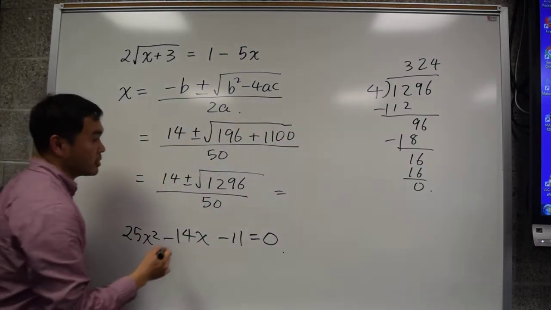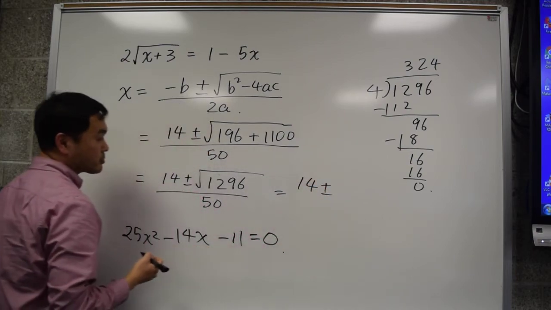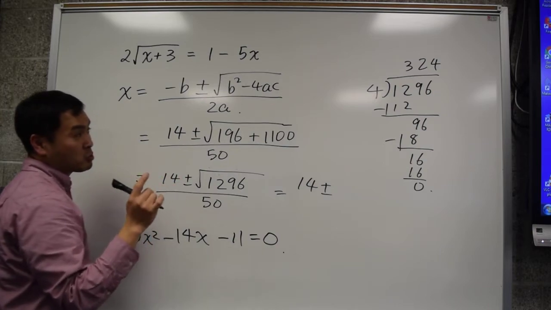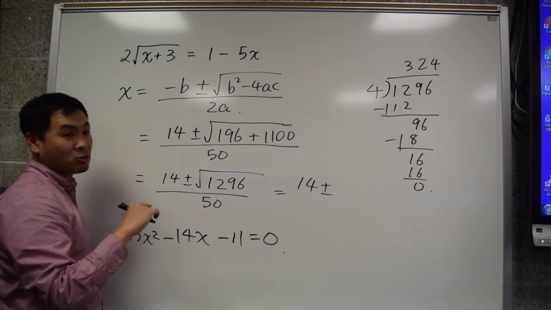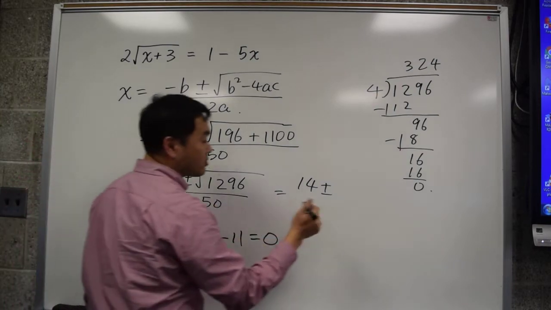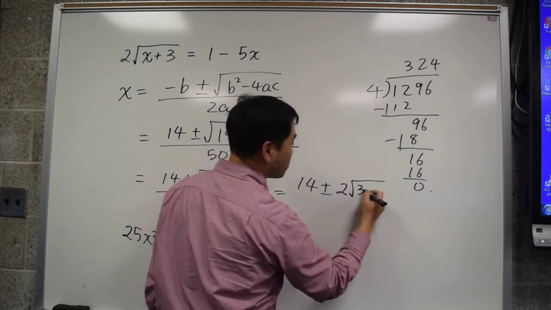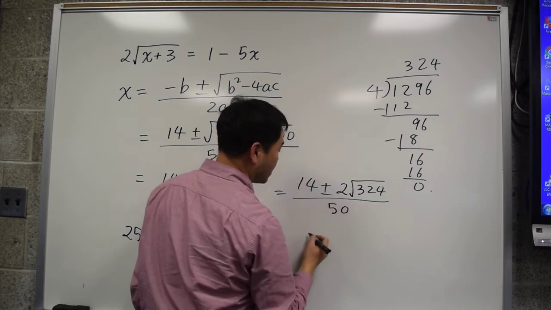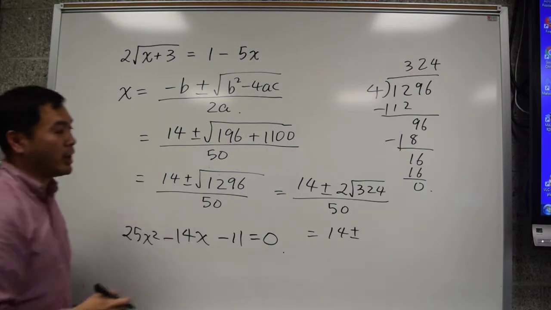And that's going to be 14 plus or minus. So 1296 is 4 times 324. You got that? Which means 4 can come outside the square root. That's 2. And 324 is 18 squared.